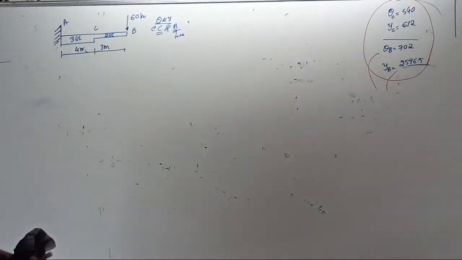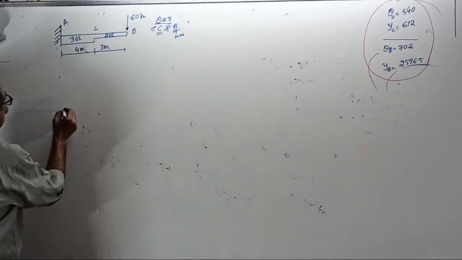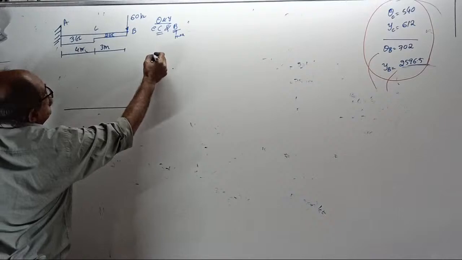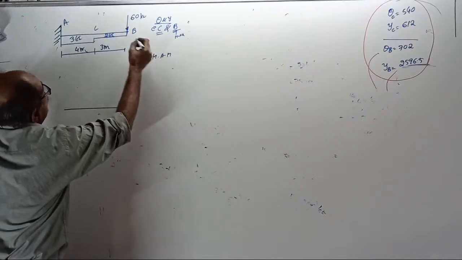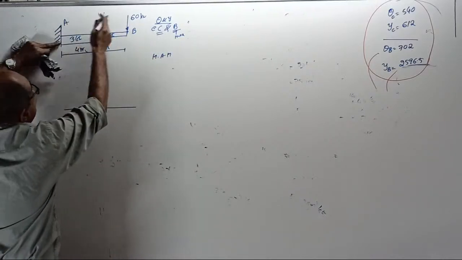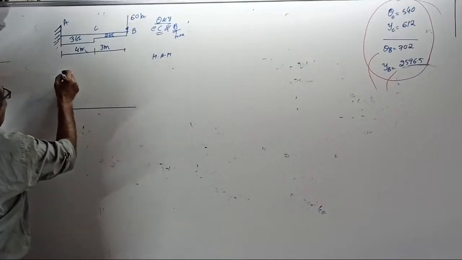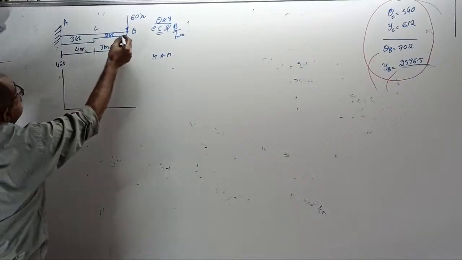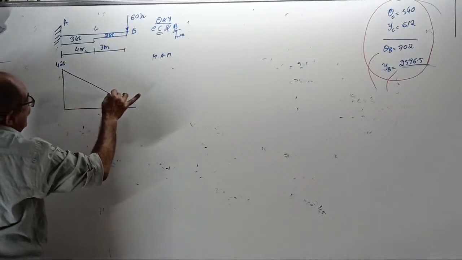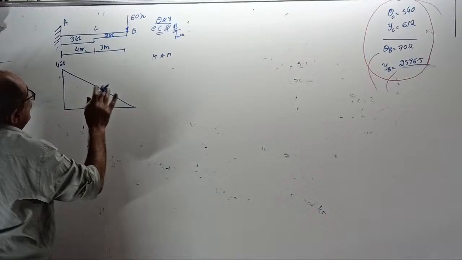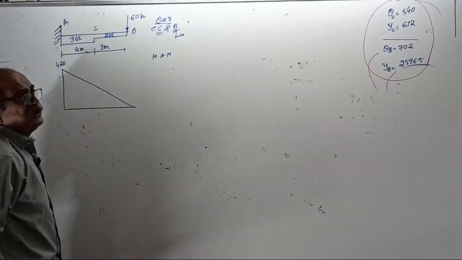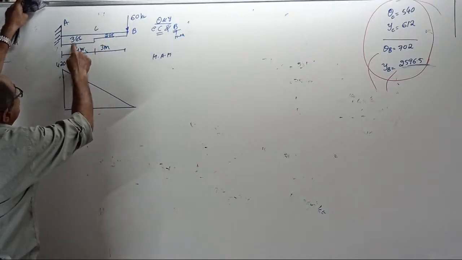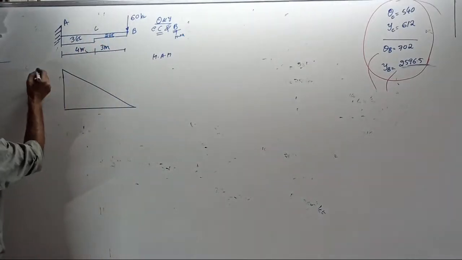First option, use the moment area method. BM is 0 here. It is 420 here, 0 here, joined by a straight line. Then, this full BMD you cannot use because somewhere it is 2 EI, somewhere 3 EI. This full is 420.